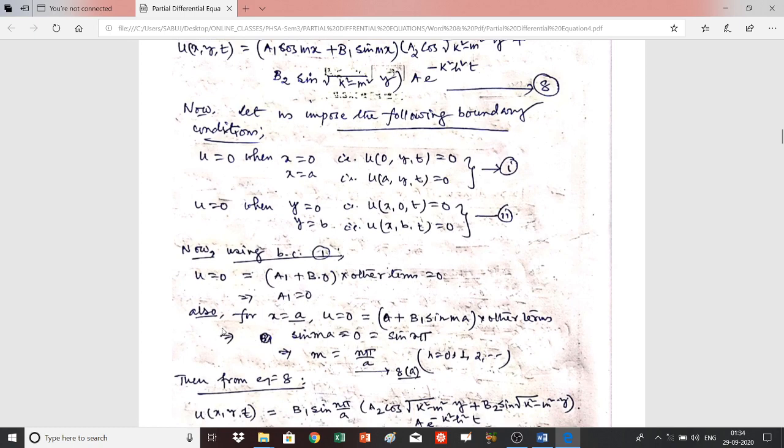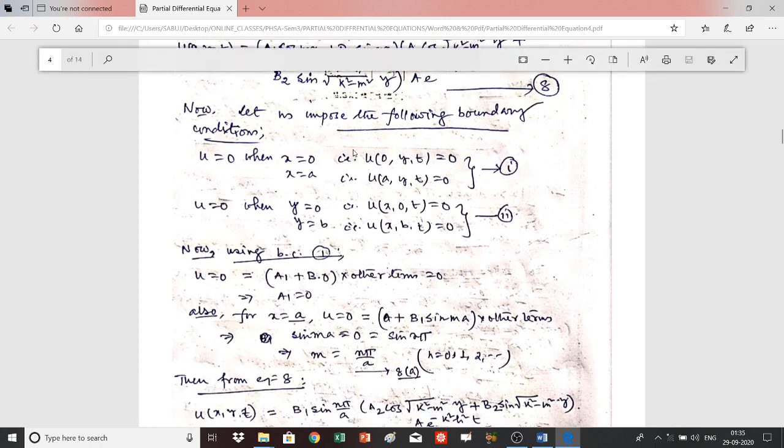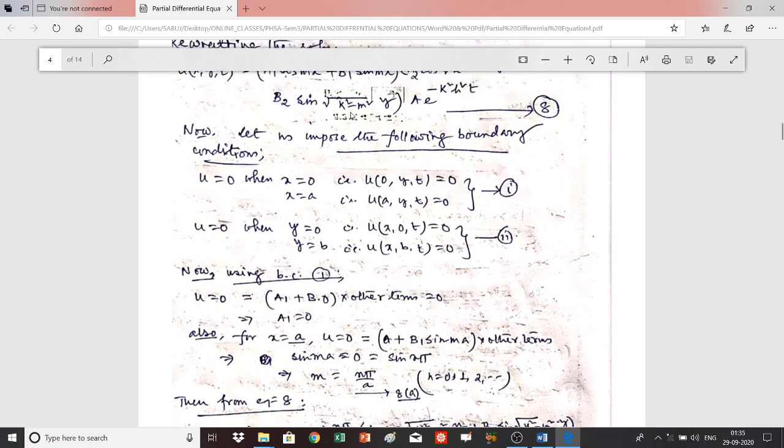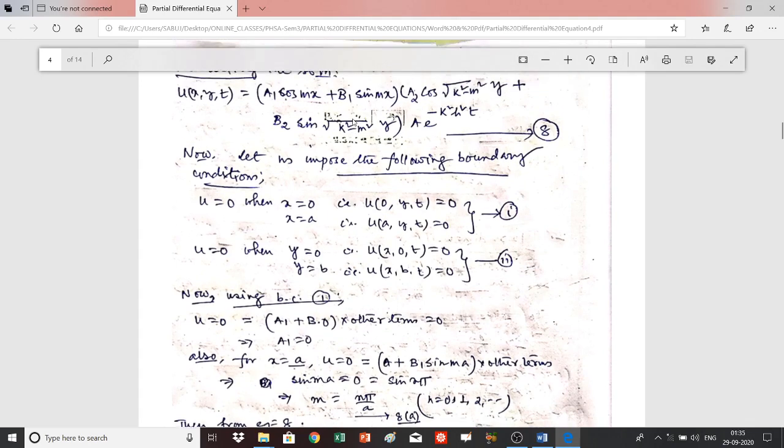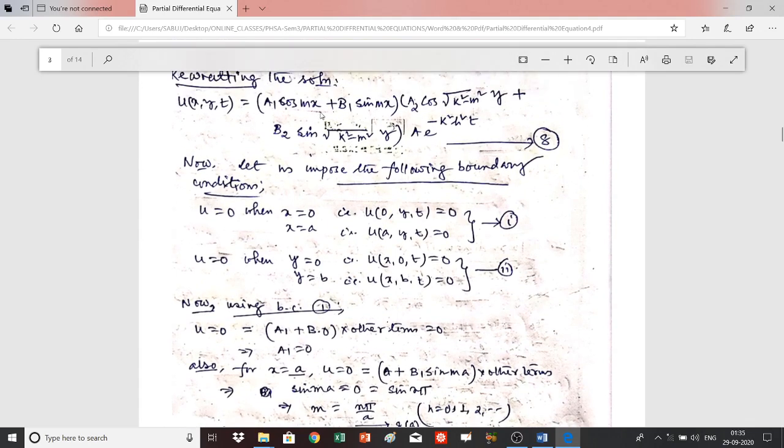So also for the second part of the first condition, that is x equal to a, u is also 0. Just see from here that you have already obtained that a1 is equal to 0, so this term will not be there, only this term will be there.